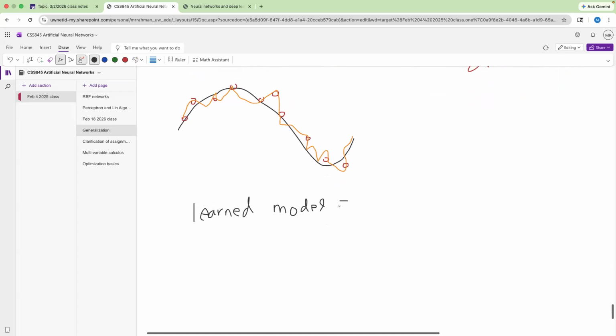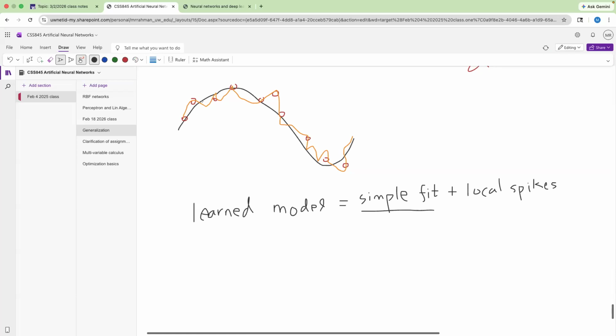It has a simple fit plus some local spikes. So the simple fit is what we use for prediction, right?